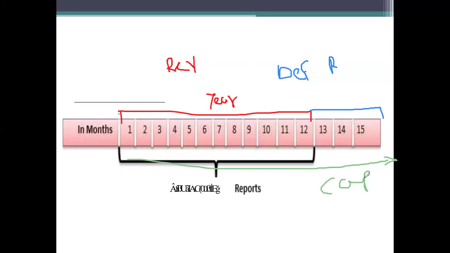So 1 to 12, it is a year, which is called revenue. Why is it called revenue? Because it is recorded in such a way that the transactions, plus or minus, are the outcome of the financial year, and hence they are called revenue expenses or revenue gains.